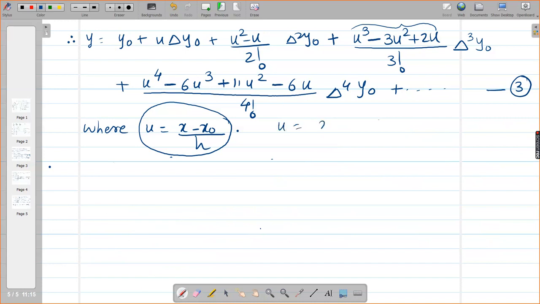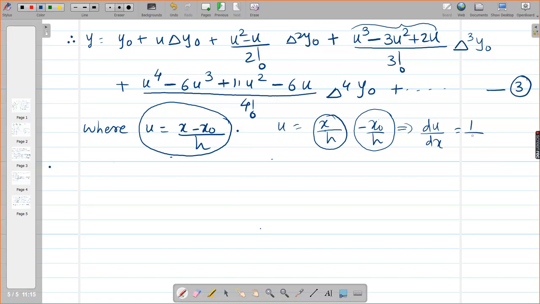See, you can write as x upon h minus x naught upon h. So what is du upon dx? What is the derivative of this with respect to x? x naught upon h is a constant, so its derivative is zero. इसका डेरिवेटिव जीरो आएगा, सिर्फ इस चीज का आपको डेरिवेटिव ढूंढना है विथ रिस्पेक्ट टू एक्स.